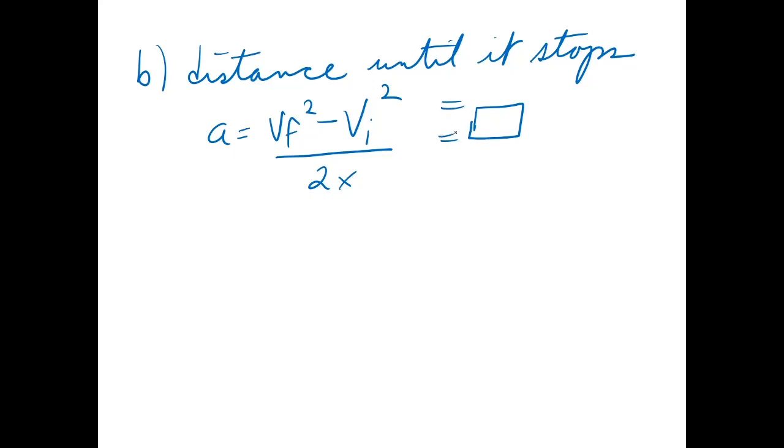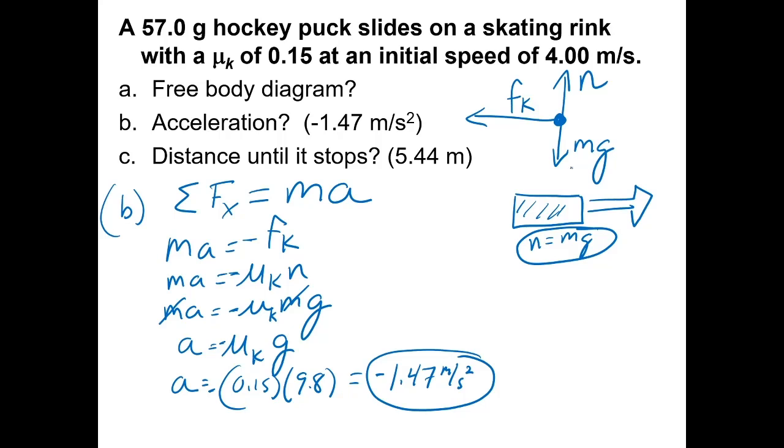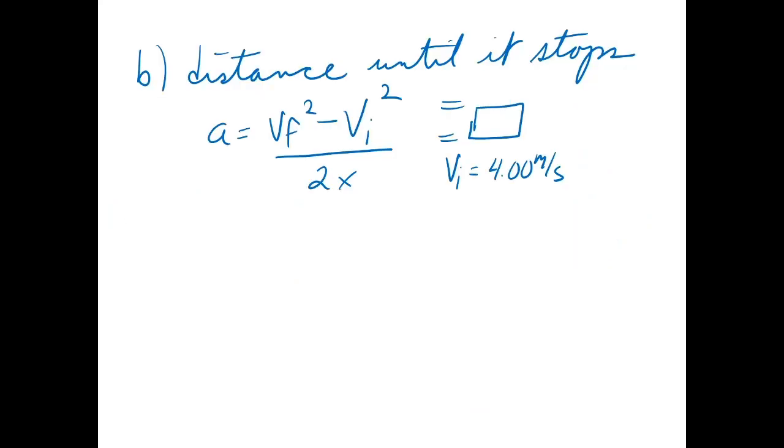And we'll do a little picture. So we can imagine that the initial speed we were told is 4 meters per second. I'll double check that. Yeah, it's 4. We want the hockey puck to come to a stop. So its final speed will be 0 meters per second.